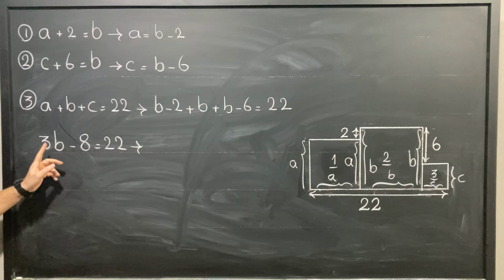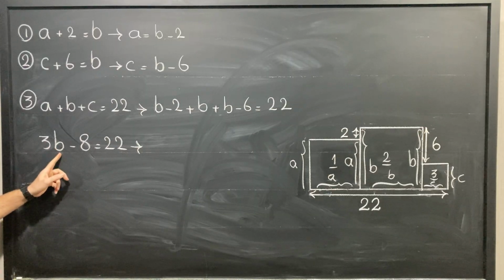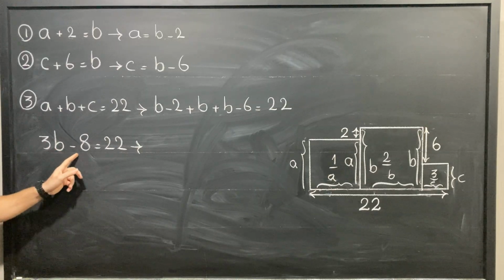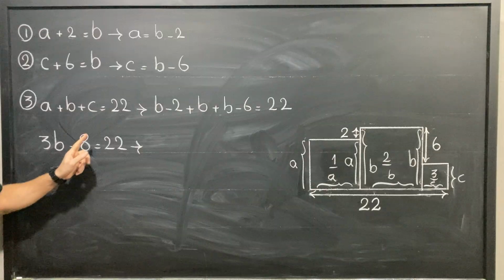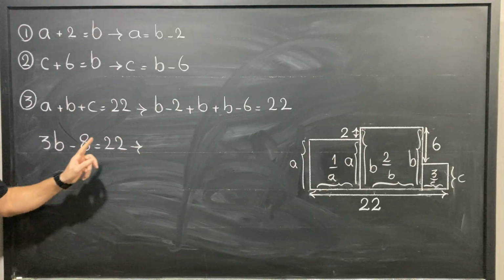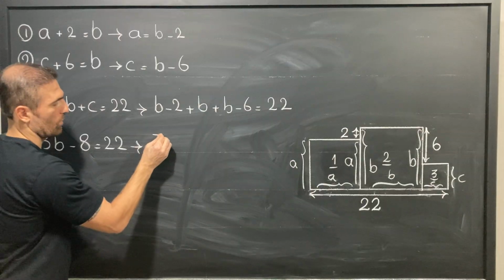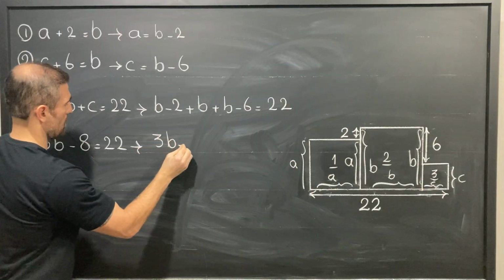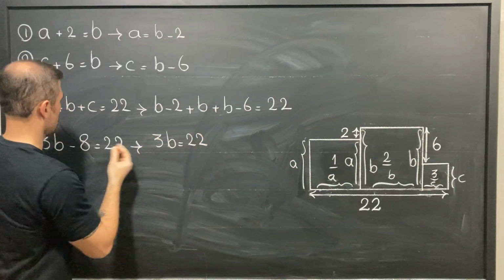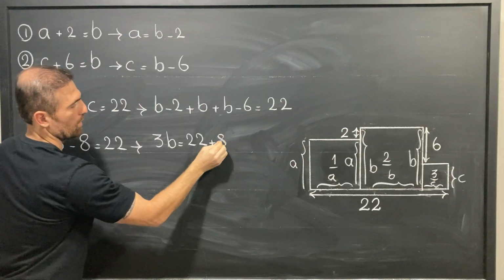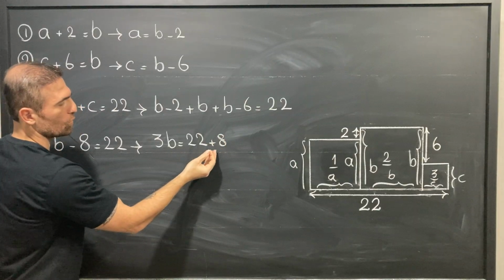To find out the value of B, we need to isolate the B. Let's transpose this negative 8 to the right side. Do not forget, we need to change the sign, negative to positive. So 3B equals 22 plus 8.